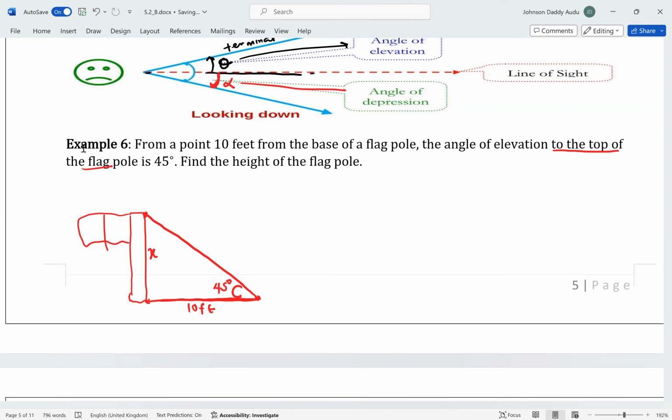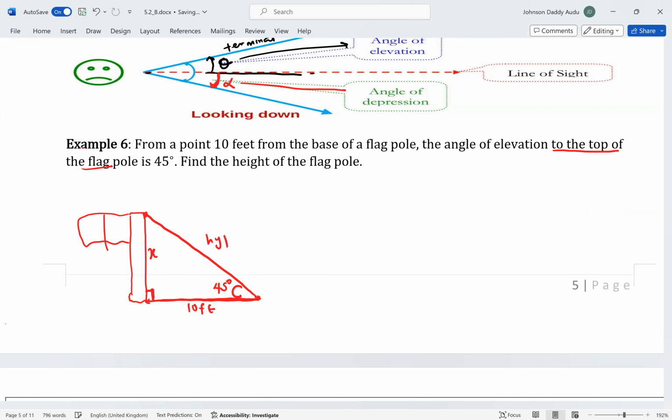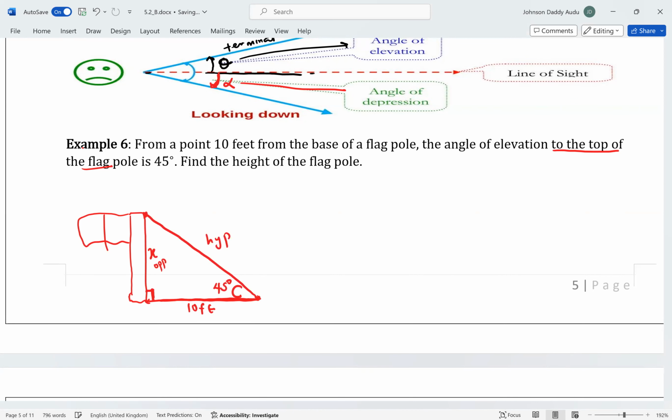Let's call it X. Here definitely there's going to be a right angle because you have a vertical pole and a horizontal line, which is the base. These two lines are perpendicular, so you have a right angle. Now, to look for X, clearly this is our hypotenuse, this X is our opposite, and this 10 becomes our adjacent.